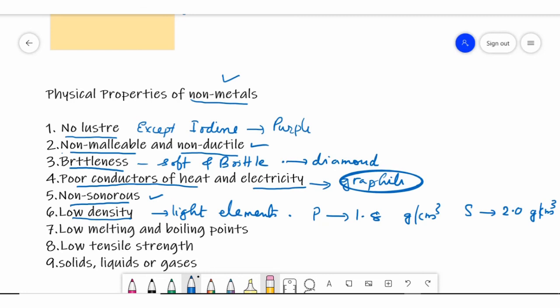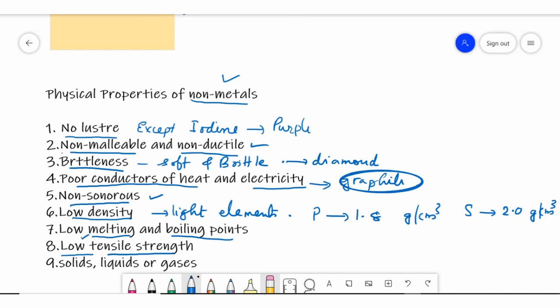And usually they have low melting and low boiling points, except diamond, graphite and boron. They have high melting points. Now, usually non-metals will have low tensile strength, which means they are easily broken.